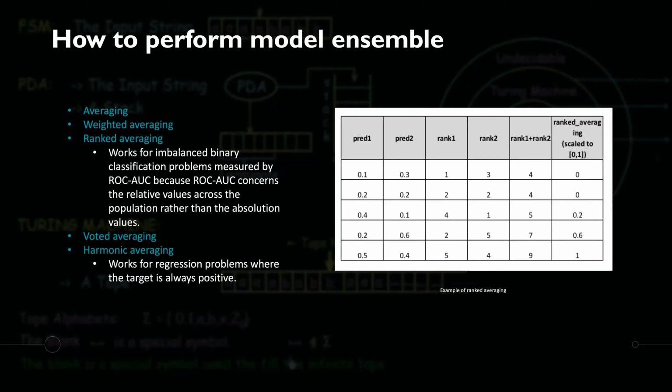For weighted averaging, how can we determine how much weight to assign to each model? Naturally, we would think we can do some validation for each model. Whichever gives us the best validation accuracy, we would give a little bit more weight, and give less weight to the weak models.